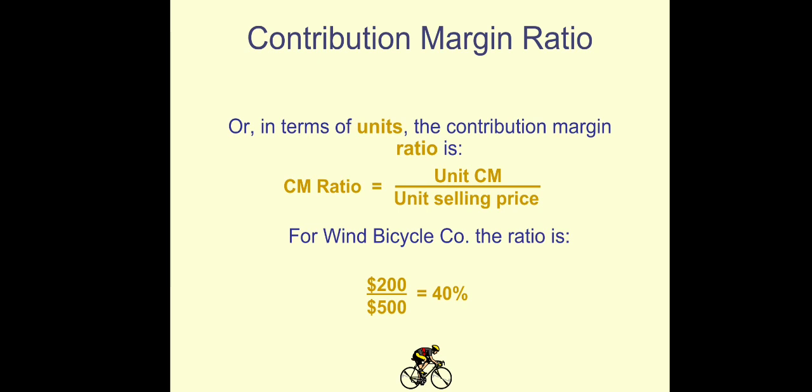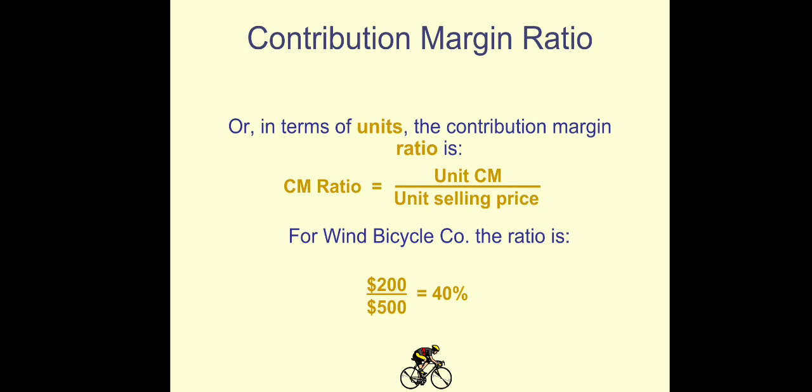Why $200? Because the unit contribution margin is the $500 price minus the unit variable cost of $300. So $200 divided by the unit selling price of $500 gives 40%.